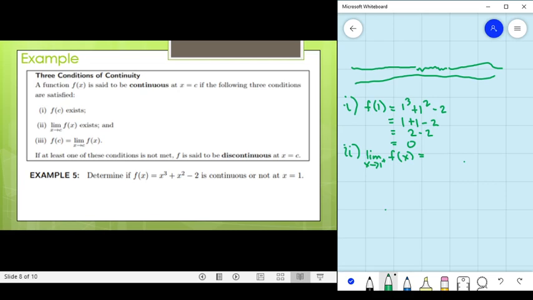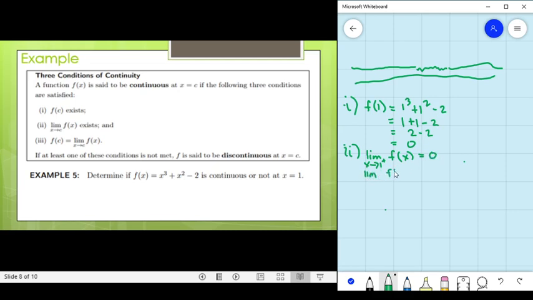Notice that the value of f of x will be closer and closer to 0. So that's why 0 is the answer.